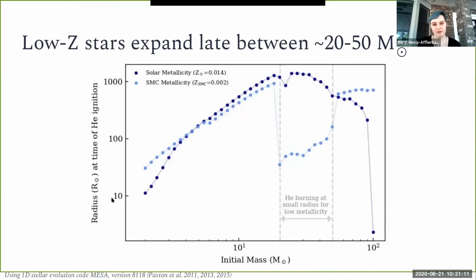From this, we determine what the radius of each star is for a range of initial masses from 2 to 100 solar masses at the time of helium ignition, when approximately 10% of the star's lifetime remains.